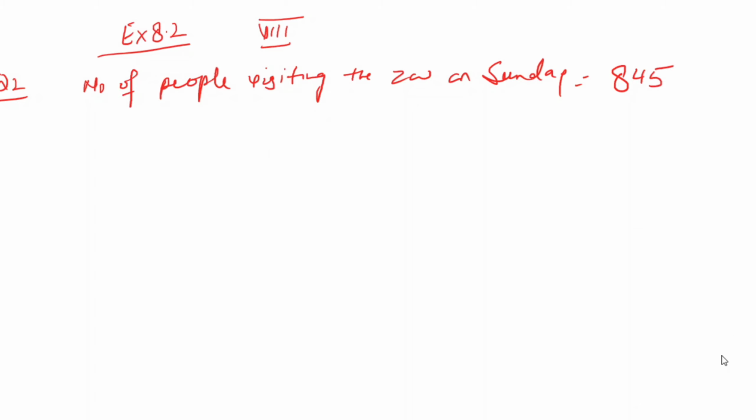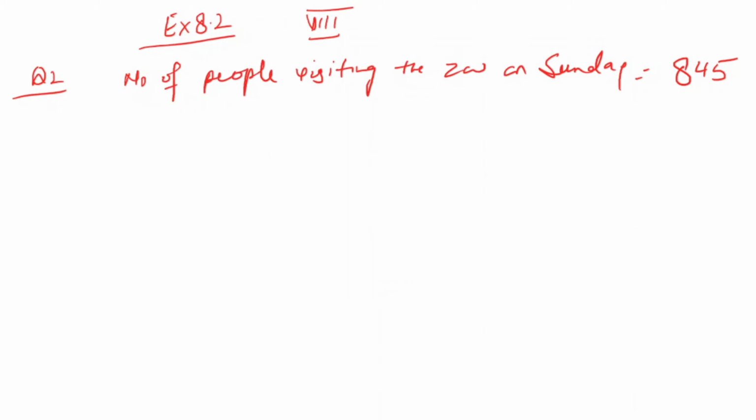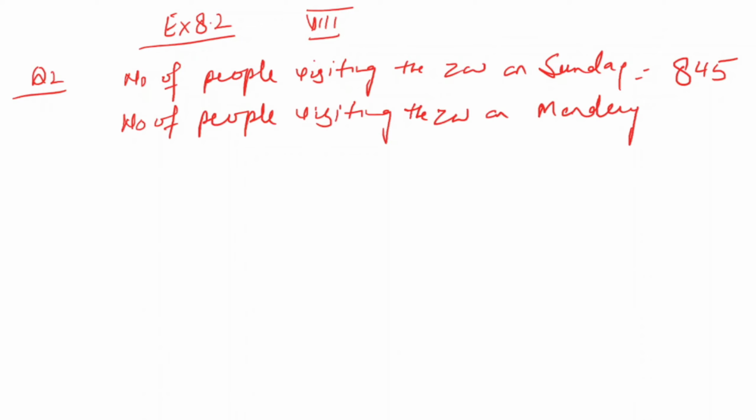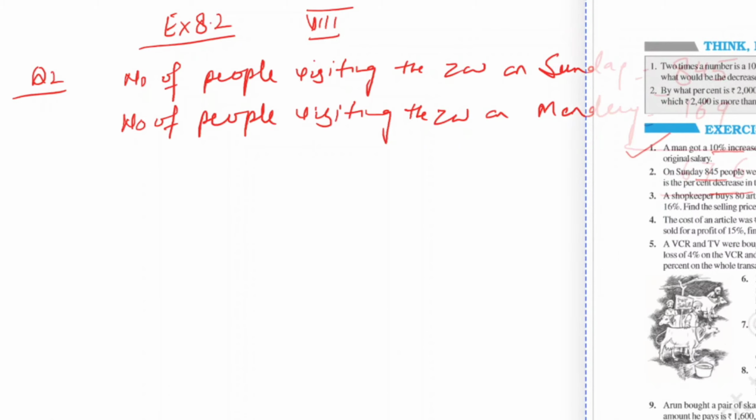Number of people visiting the zoo on Monday, 169. So how much is the decrease? We'll just subtract. 15 minus 9 is 6, 13 minus 6 is 7, and this gives us 676. So these many people fewer visited the zoo.